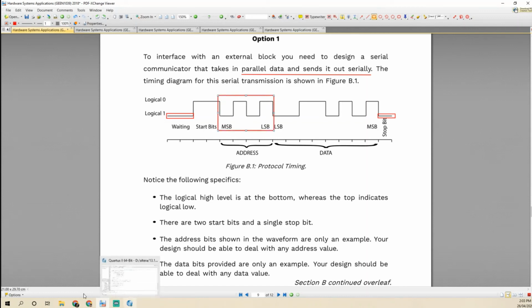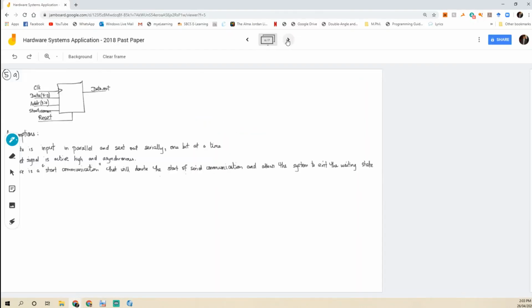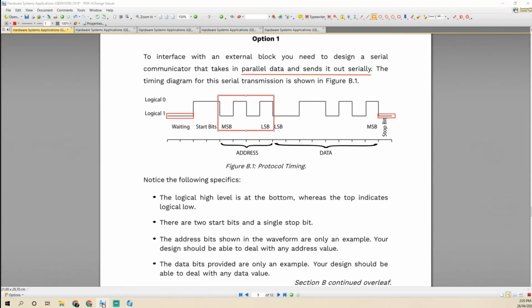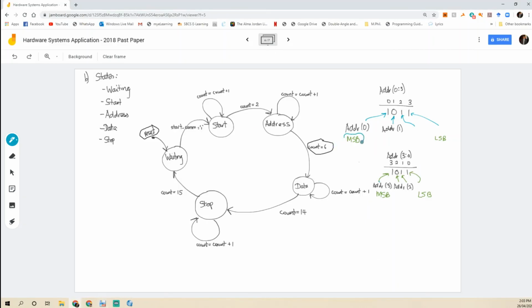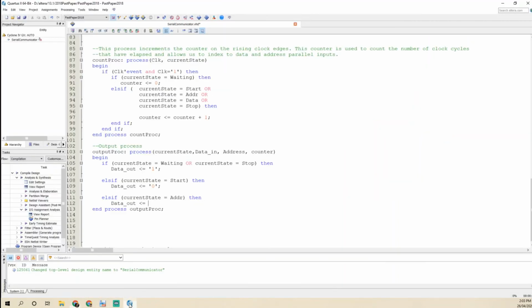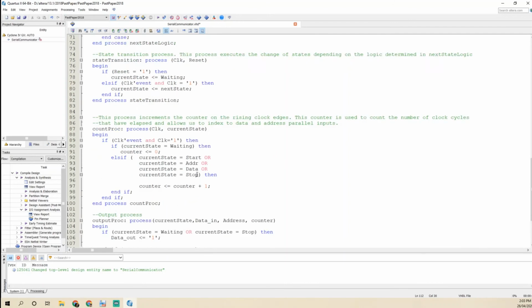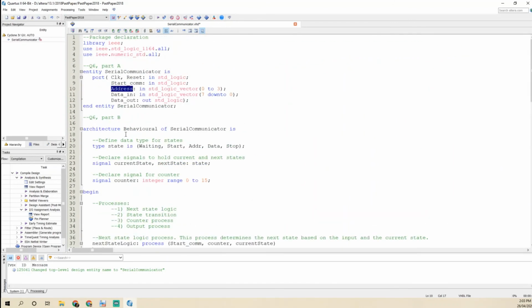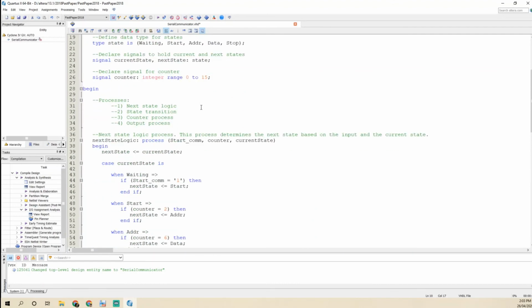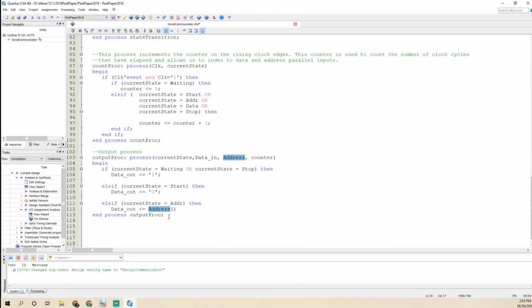So firstly, if we want to send out the most significant bit first, we have to send out address 0, then address 1, then address 2, then address 3. I have a counter which is counting using integers. So I can index this address input to get address 0, address 1, address 2, and address 3 using the counter.